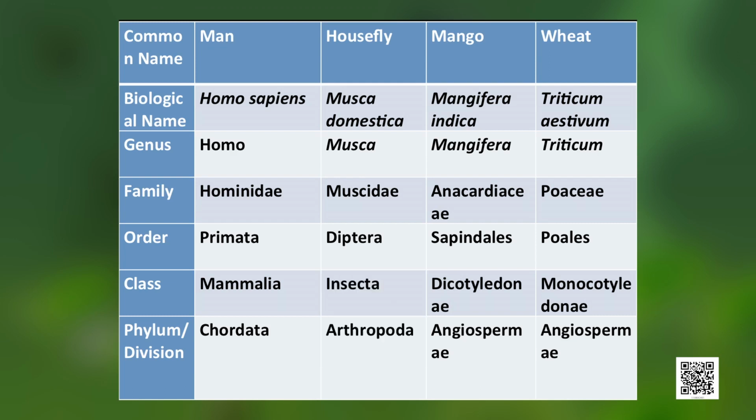Moving to the next example taken from the plants. Mango is the common name. Biological name of the mango is Mangifera indica. It belongs to the genus Mangifera, family Anacardiaceae, order is Sapindales. It belongs to the class Dicotyledonae, phylum Angiospermae.